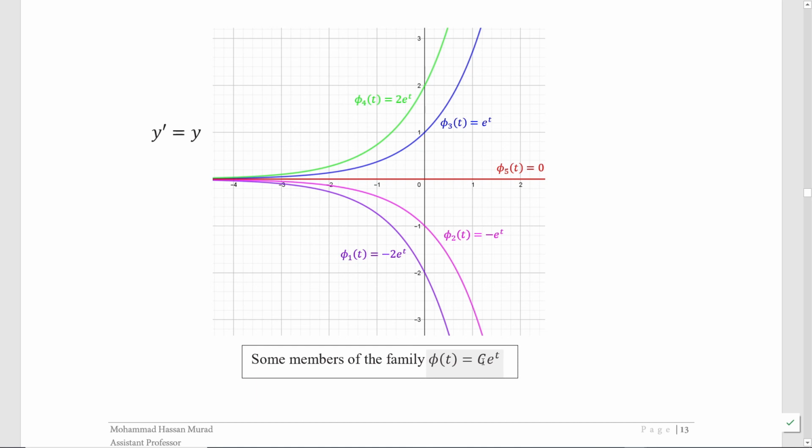If we set the value of c equals 1, we get the blue solution. And similarly, if we set the value of c as 2, we get this solution. c doesn't need to be necessarily an integer. It can be any real number. We have an infinite family of solutions. These are a few members of that family.